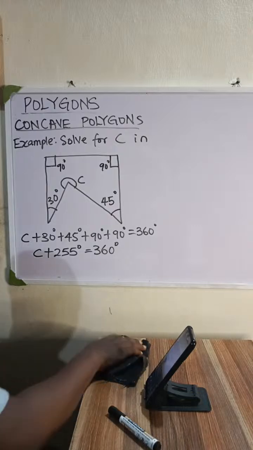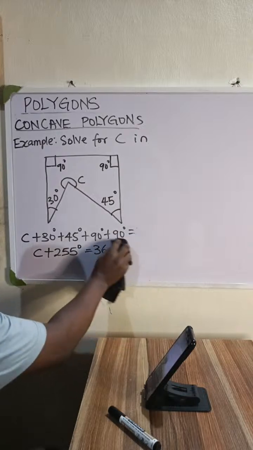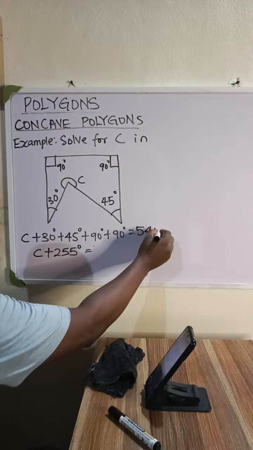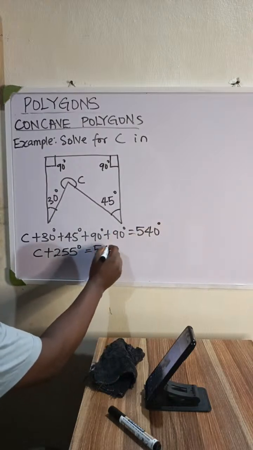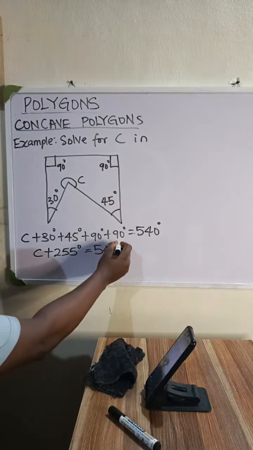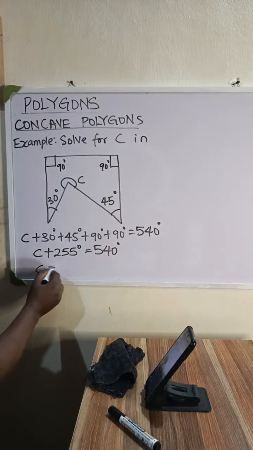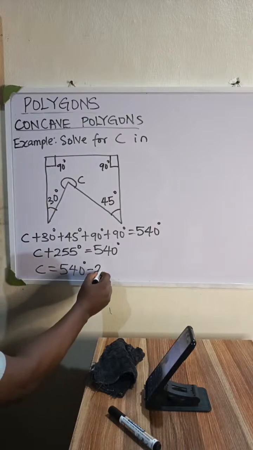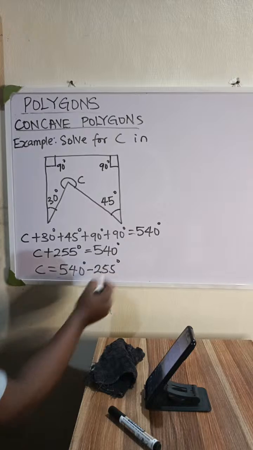Sorry, I'm not supposed to have 360. I was surprised. It should be 540 degrees. So now we have C is equal to 540 degrees minus 255 degrees.